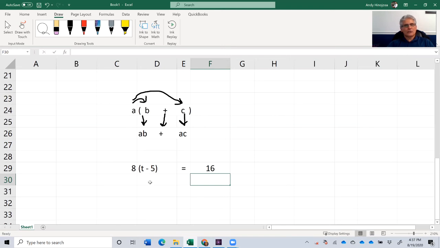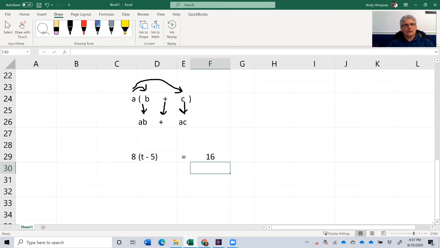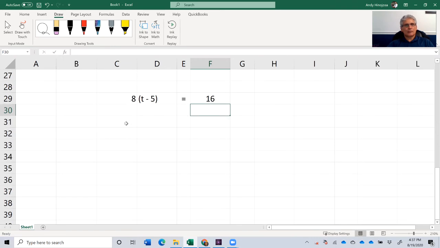So this expression using distributive property would then mean that we're going to have 8t minus 40. 8t drops down there, the minus sign carries down, and 8 times 5 is 40. And that's still going to be equal to 16.